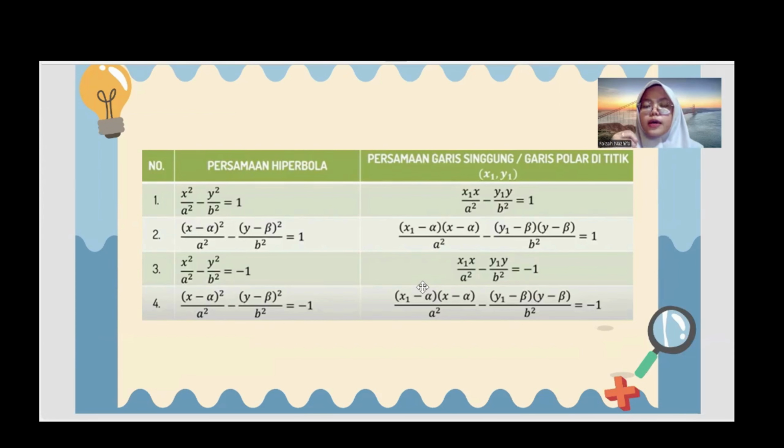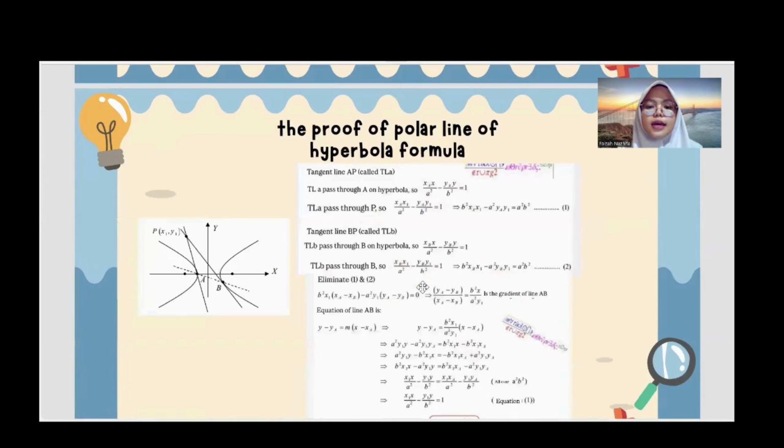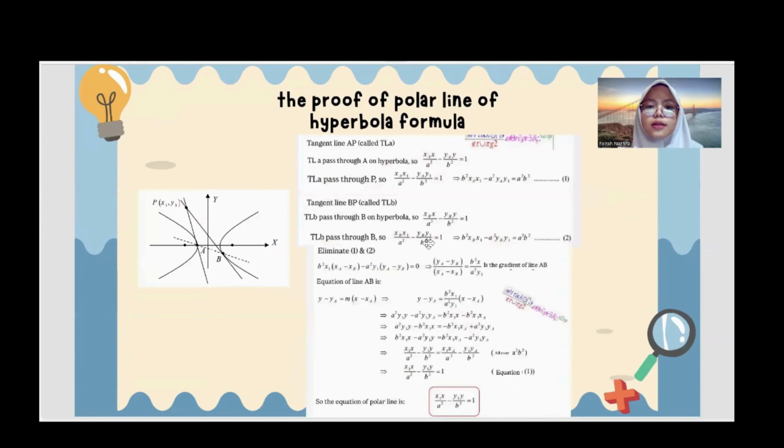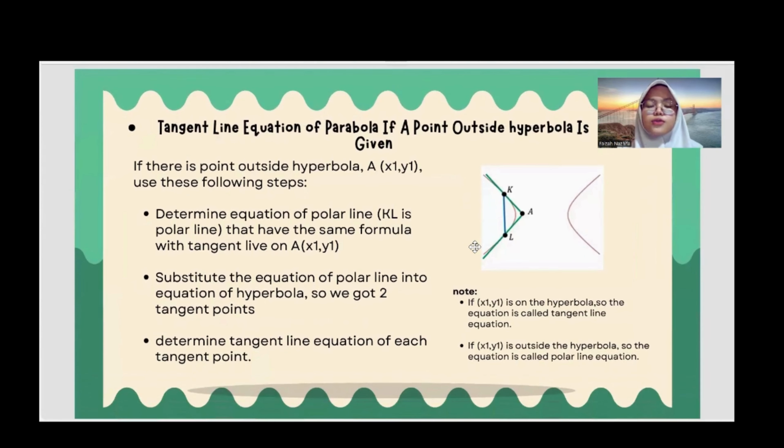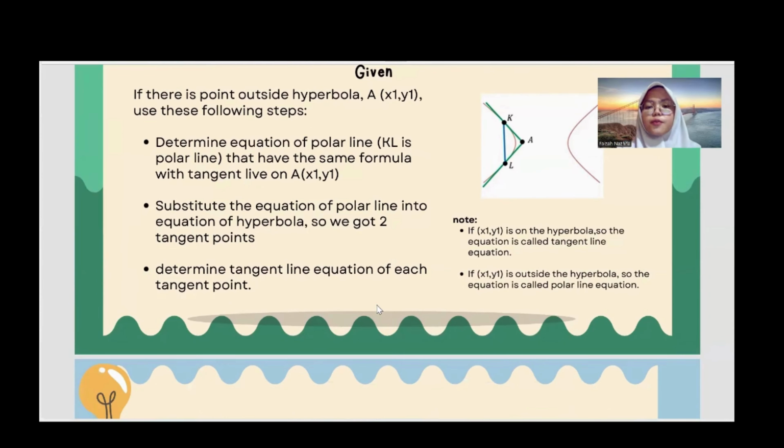And if the point is outside the hyperbola, we get the polar line equation. And then we determine the tangent line equation of a hyperbola when a point outside the hyperbola is given. We just follow these steps, and we get the tangent line equation by using these steps. So that's all for me.